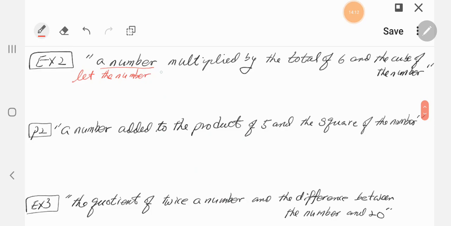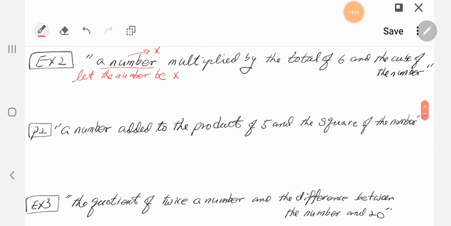Some variable, x or n, doesn't matter. So always let the number be an x, always, because we don't know the number. So change it to a variable. A variable is a letter. It can be any alphabet, any alphabet is fine.